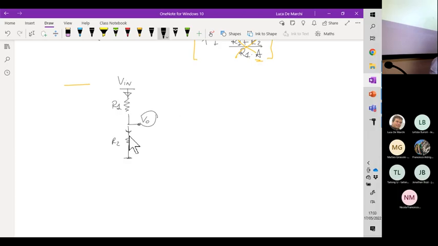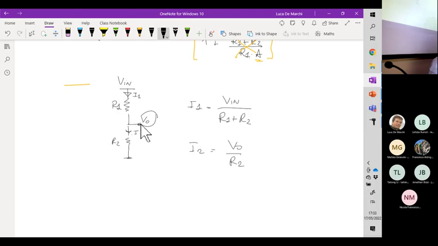The series of R1 and R2 is R1 plus R2. Okay, so the current which flows here will be V input divided by R1 plus R2. Okay, this current I1. The current here will be I2. And it is V out over R2.